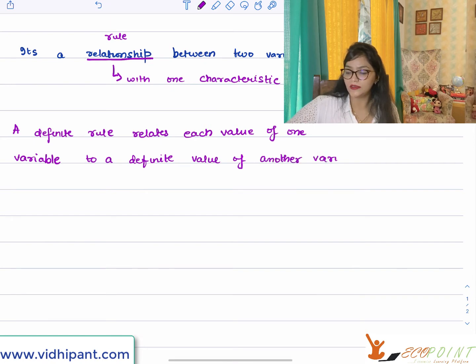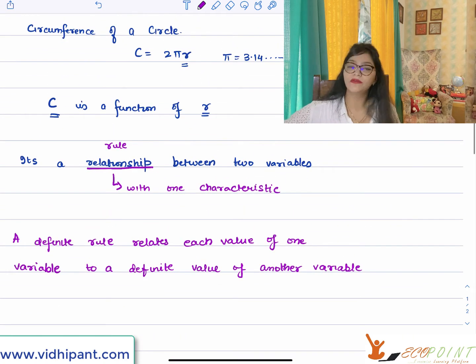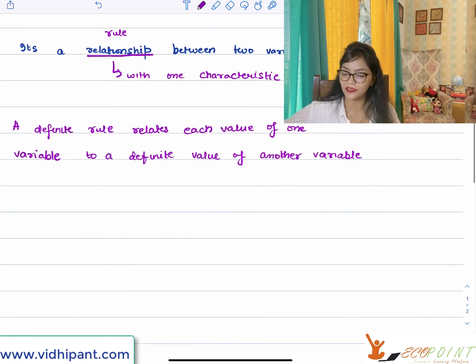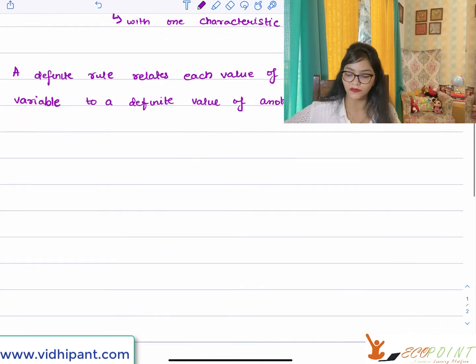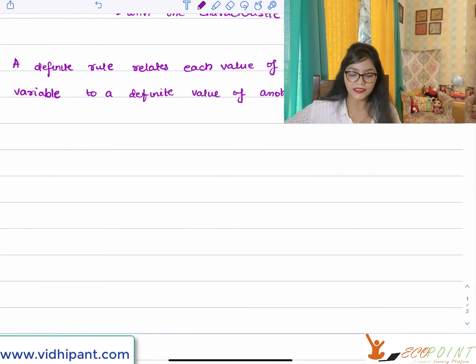Can you see? This is very much true. The different values of r will give you a definite value of the circumference, right? Different values will give you different values of the circumference. So that's what is a definite rule.